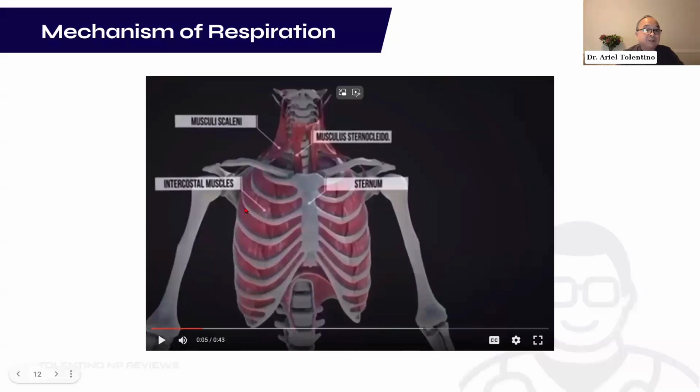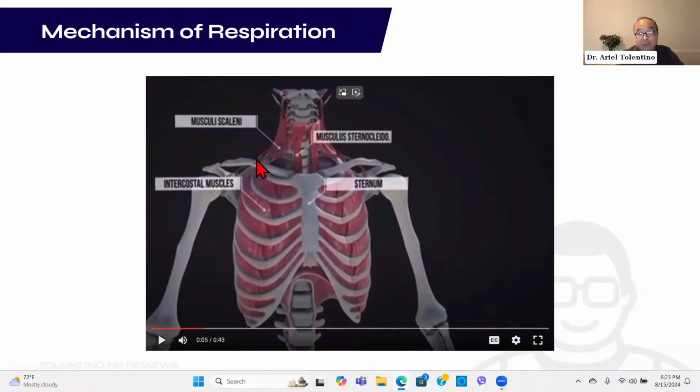You have the intercostalis muscles, you have the sternocleidomastoid, which is the superior aspect of your sternum. It can also originate from your clavicle.